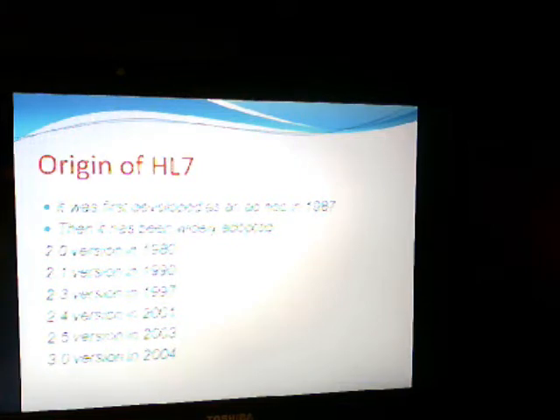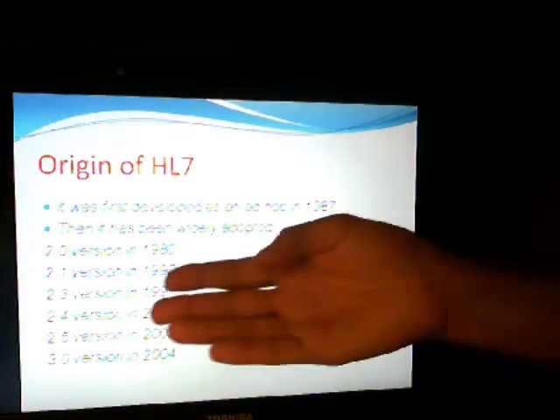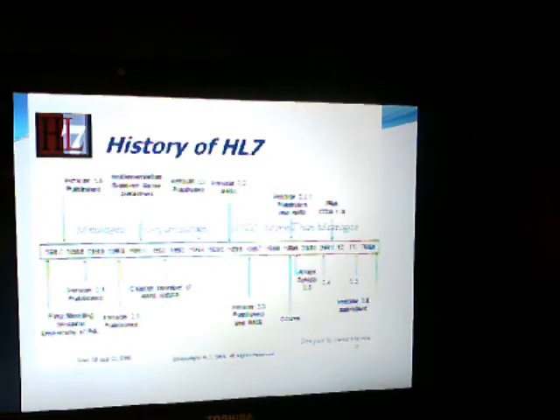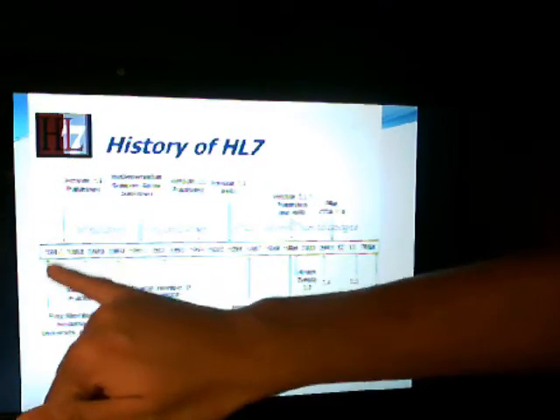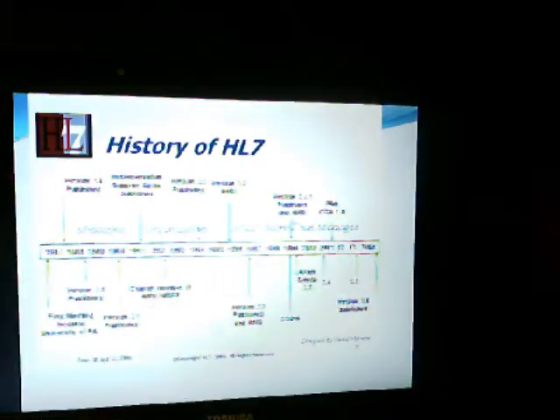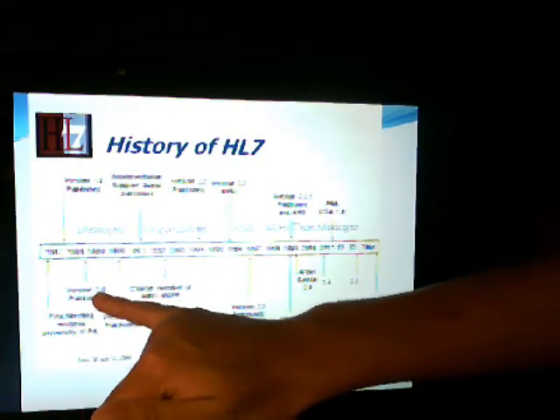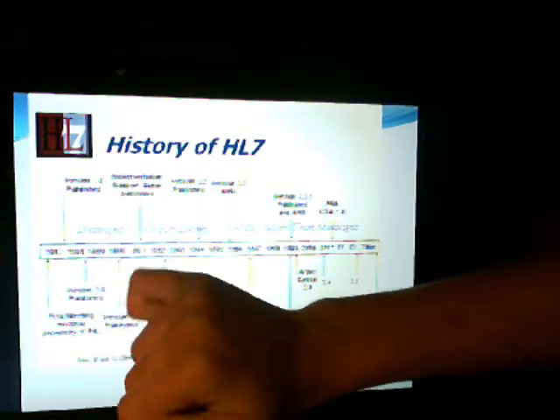With the popularity, it slowly developed new versions, as you can see in the picture. The first version was developed in 1987, and right after a year and a half, the second version was published.